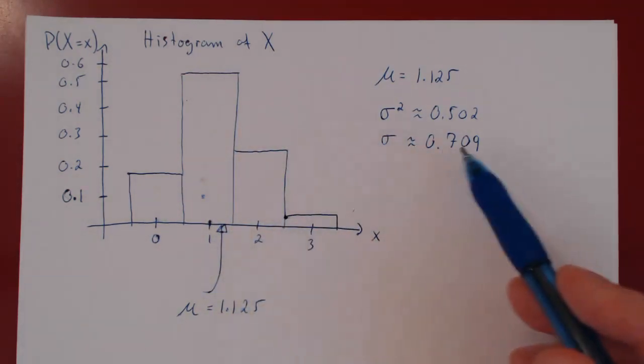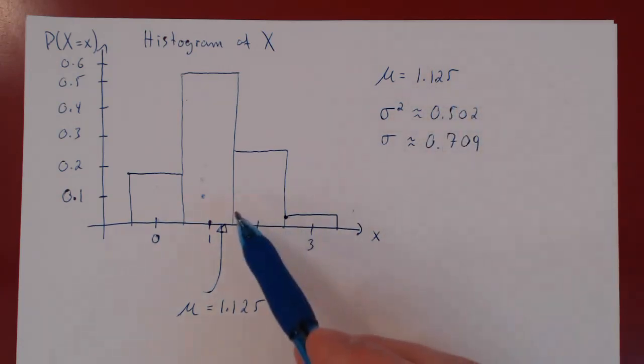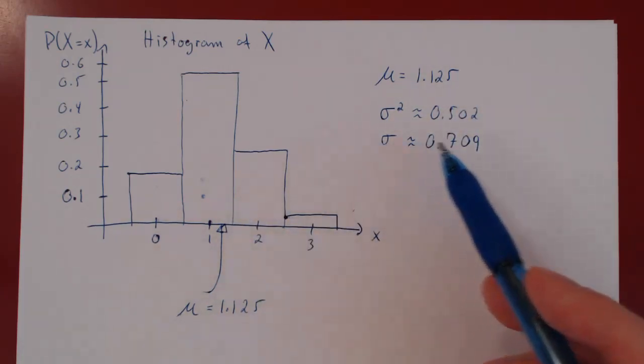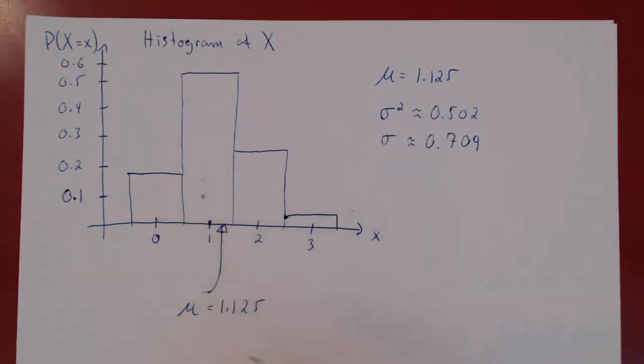If sigma was much bigger, you'd have higher bars away from the mean. If sigma was even smaller, you'd have even higher bars about the mean value. And this completes our example. And once again, if you remember, the mean is just your average value. What do you expect x to be equal to? So if we were to pick 3 balls from our urn, we would expect to get 1 blue ball and 2 red balls.